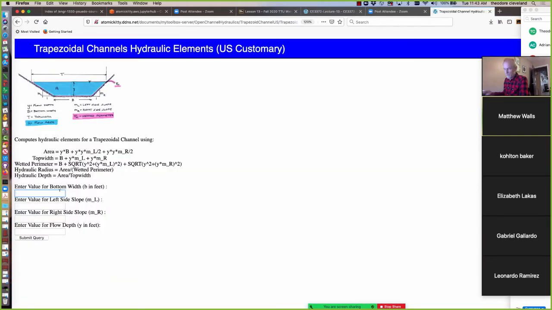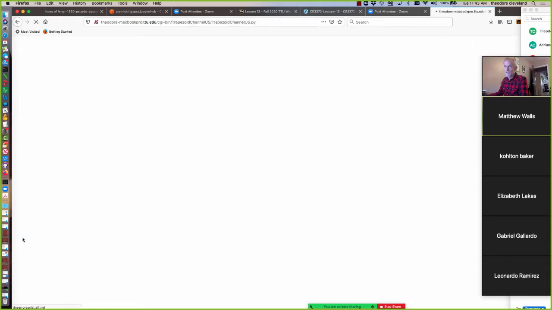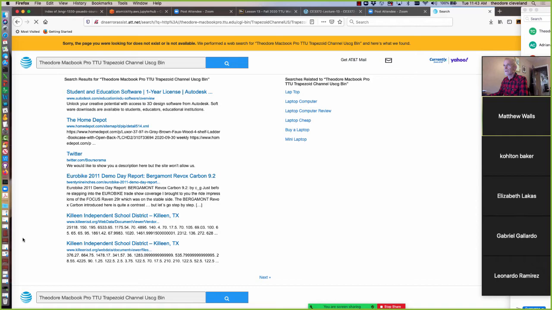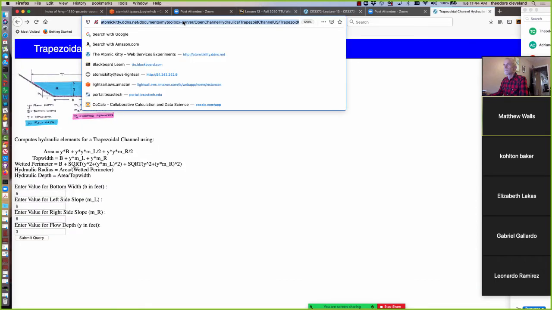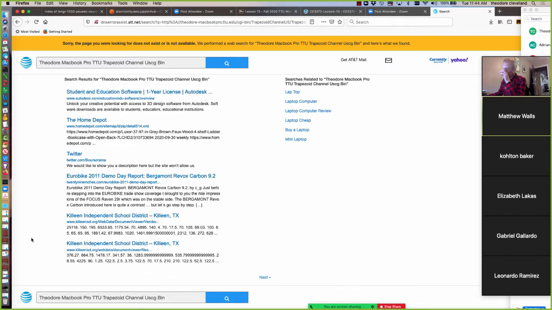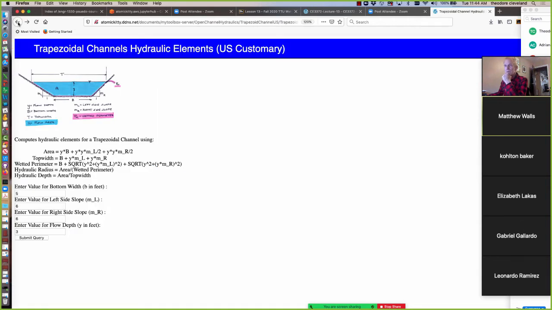So the bottom width was 5 feet, both side slopes are 6 to 1, and the flow depth was 3 feet. If we run this, it should do all the arithmetic for us, and it fails. Let's see why that happened. That's frustrating.